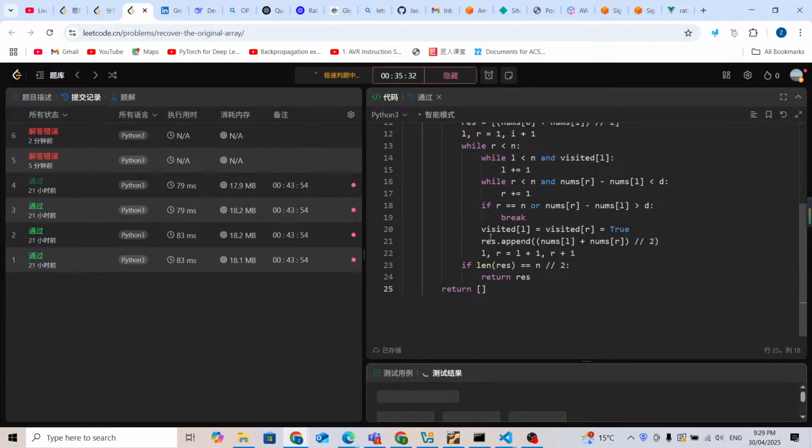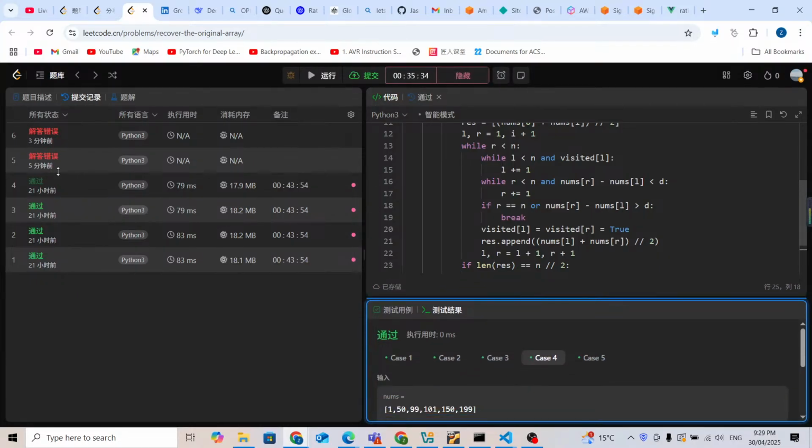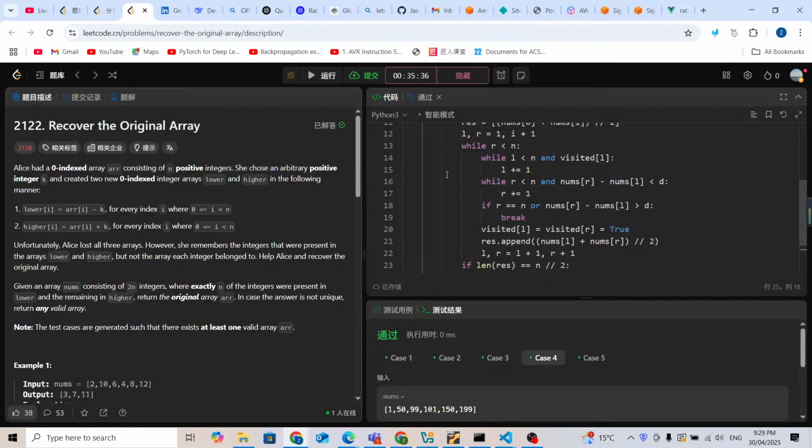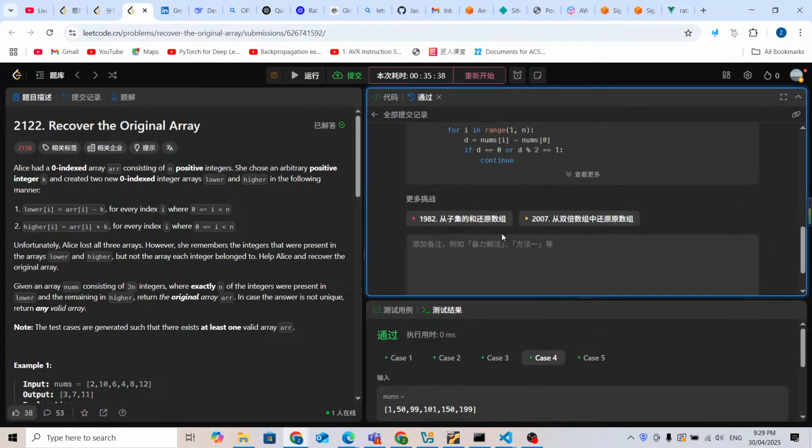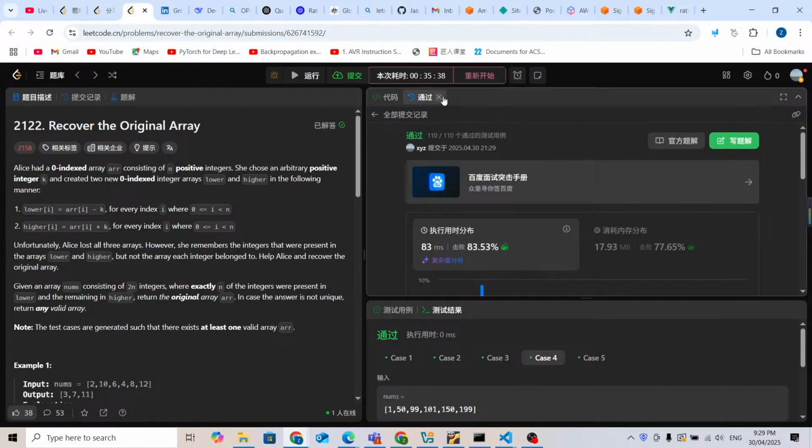Now let me run it. Now it works. Let me submit it. Now it passed all testing cases.